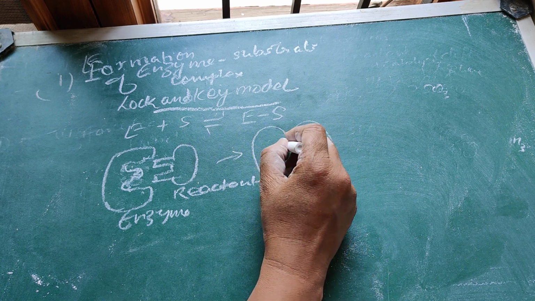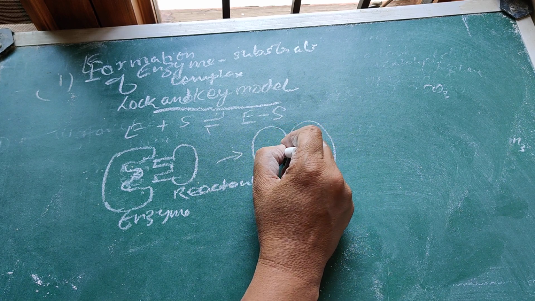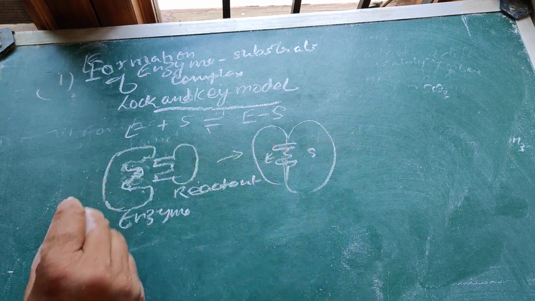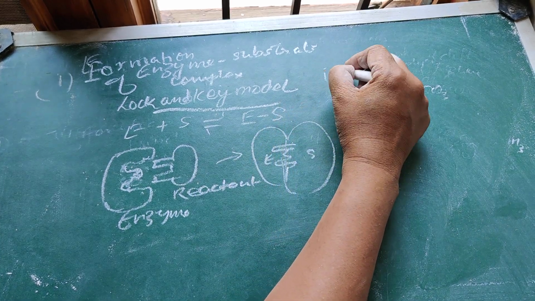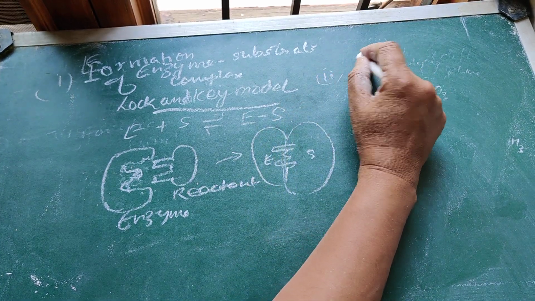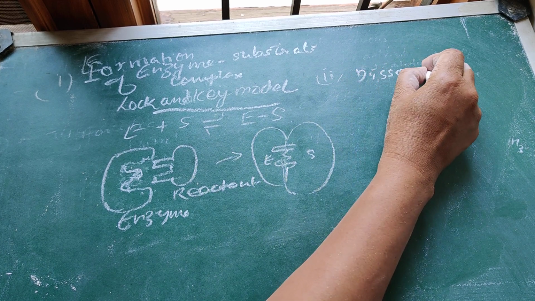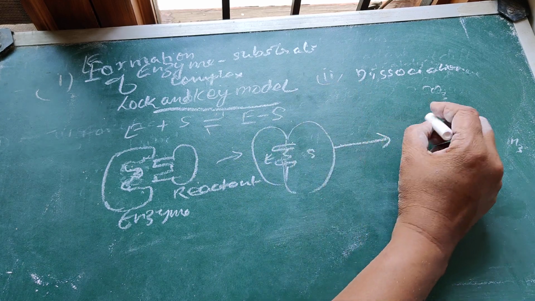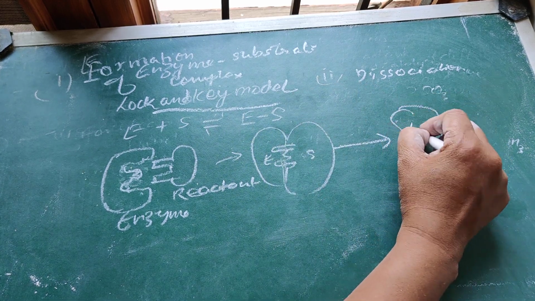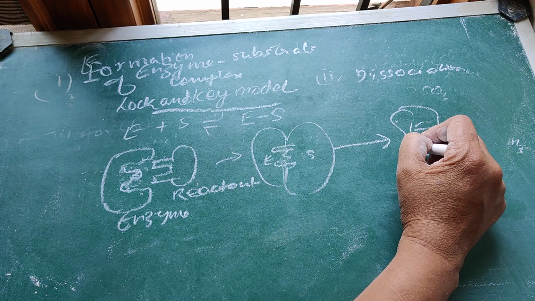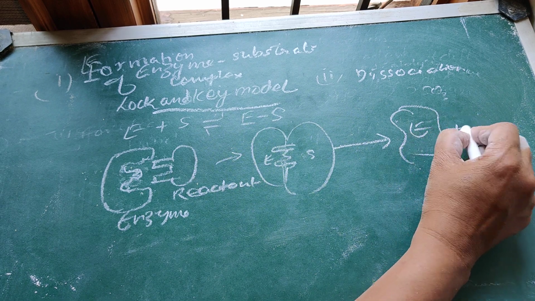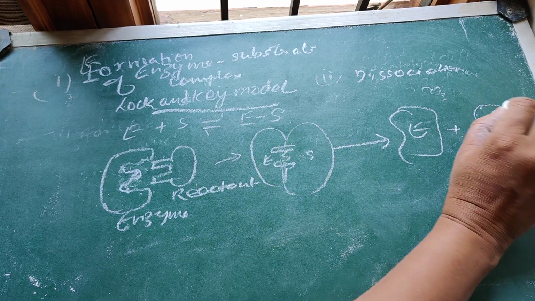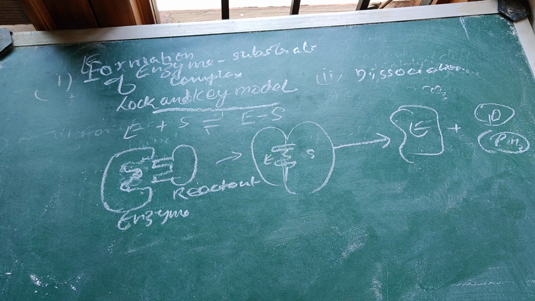You can show how it is attached in this way. The second step is dissociation of this to form products. The enzyme does not take part in the reaction; it only enhances the reaction, so it will form the products. In this way, the mechanism is given.